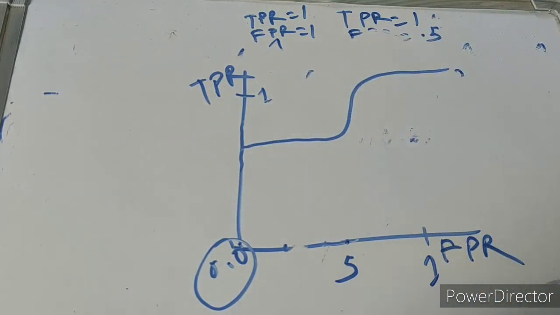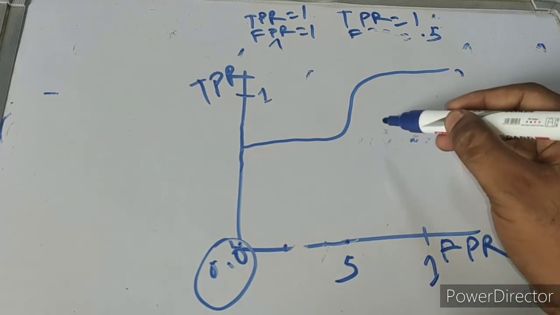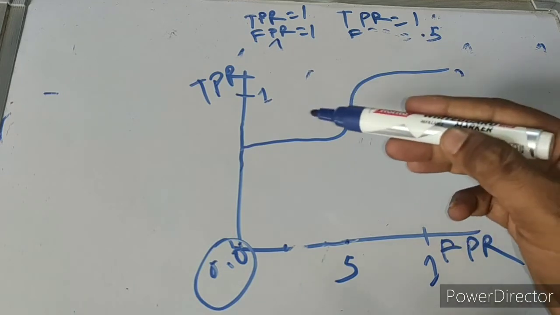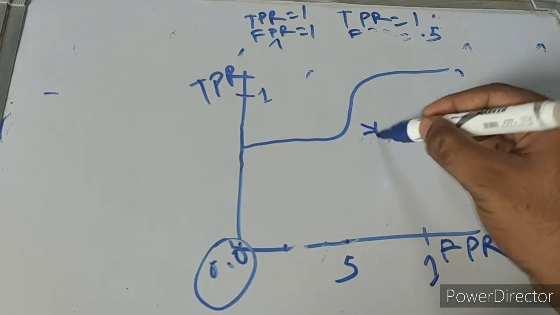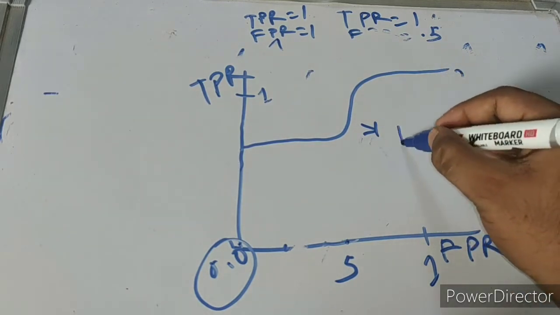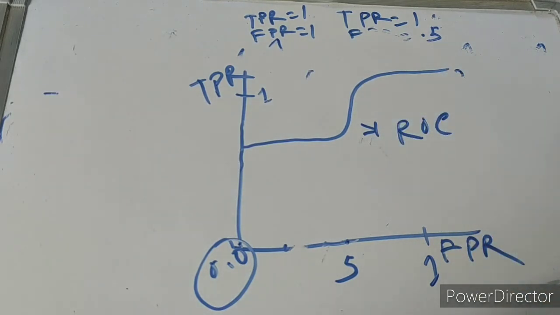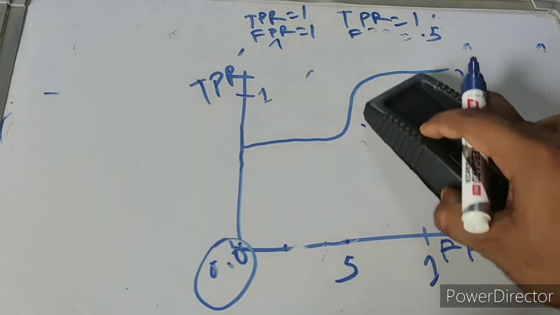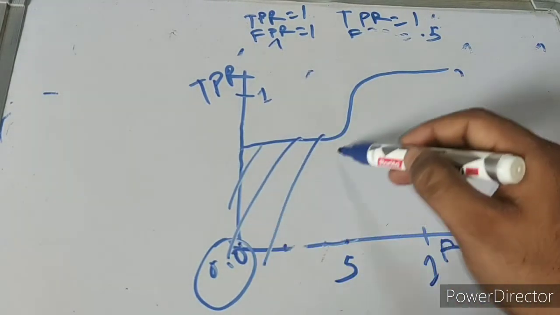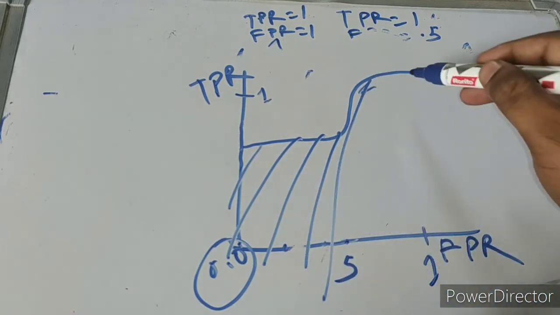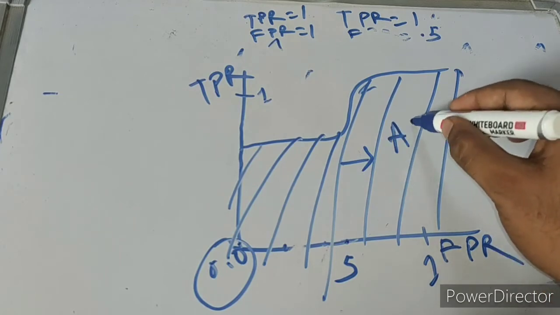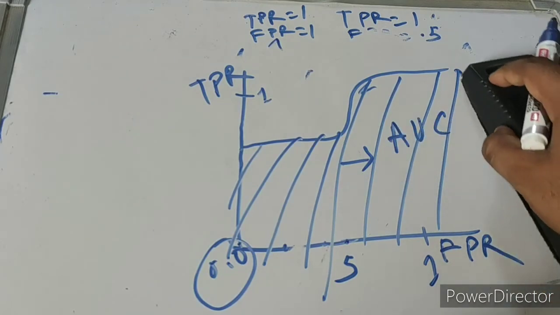The graph which we have received after plotting the coordinates of false positive rate and true positive rate is known as the ROC curve. Now the area occupied by this ROC curve is known as AUC, area under the curve.